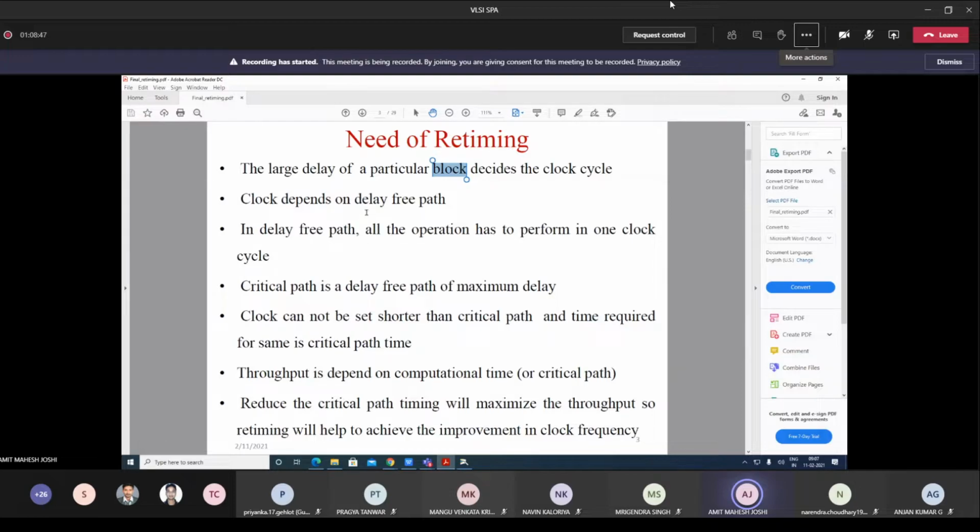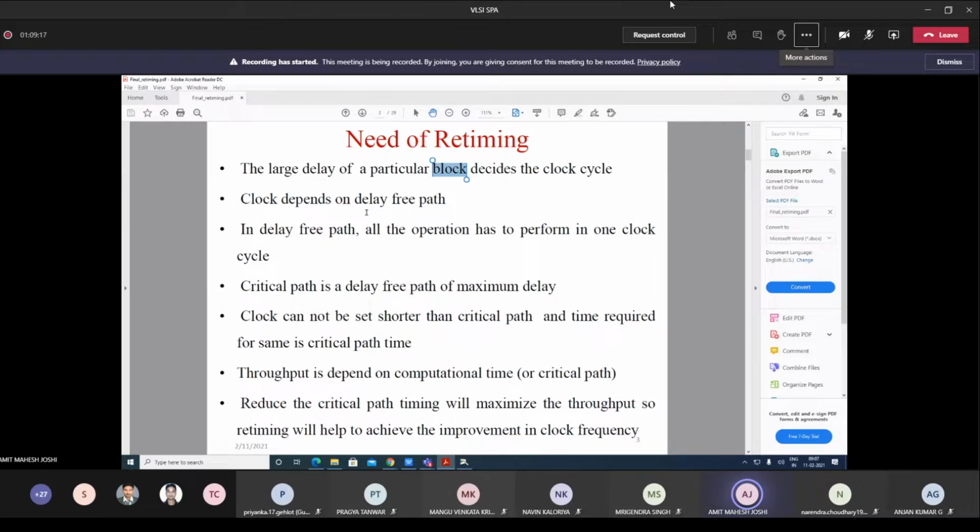Clock depends on a delay-free path. What is the critical path? We have just mentioned: the critical path is a path where there is no delay. So the performance of a system always depends upon the critical path, and that critical path is always a delay-free path. In a delay-free path, all the operations have to be performed in one clock cycle.